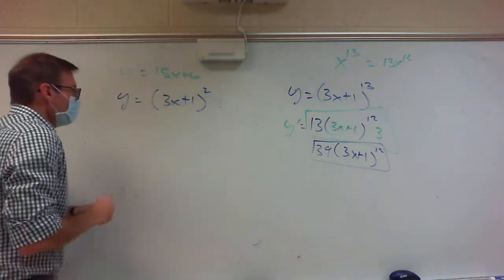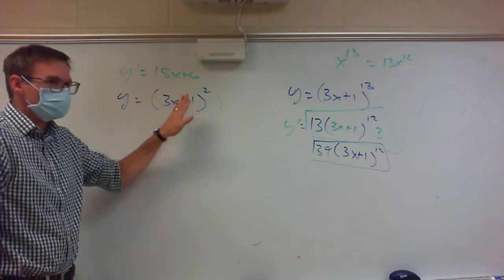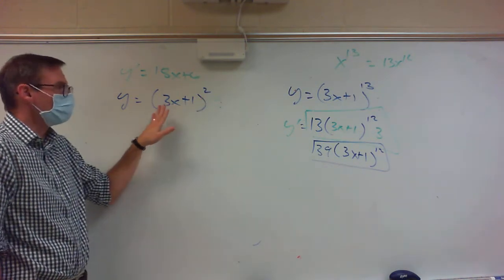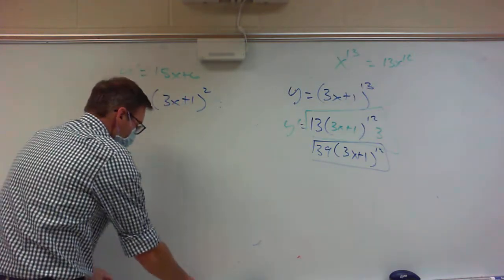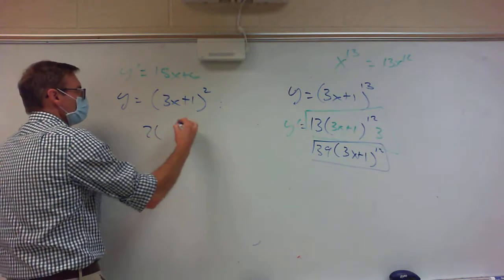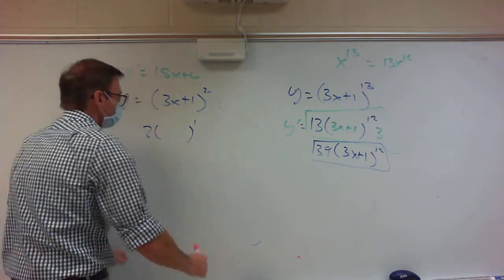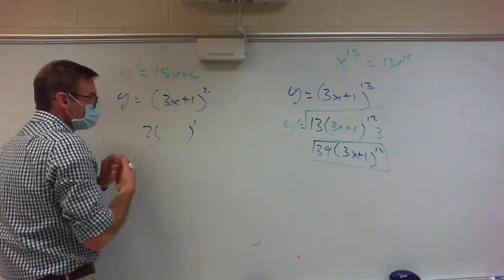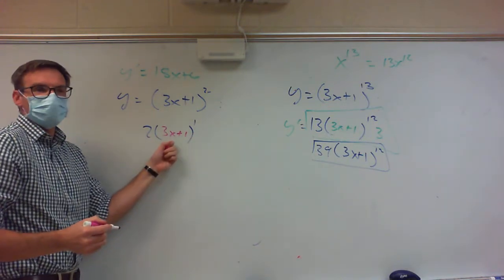Okay? So now let's go back to this problem. When I look at this problem, can you see stuff squared? Hopefully it's obvious. You can look at this and say, okay, that's just stuff squared. And so if this is stuff squared, that's going to give me 2 stuff to the first. My stuff is 3x plus 1, but I used the word stuff, right?